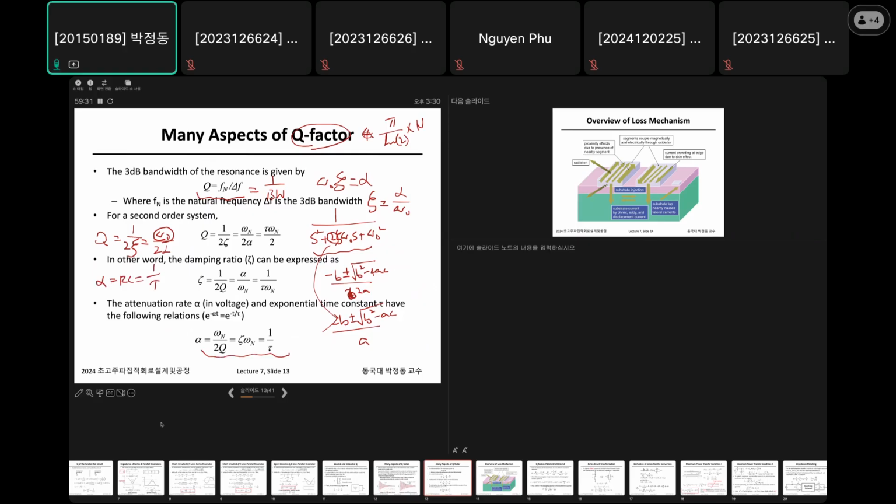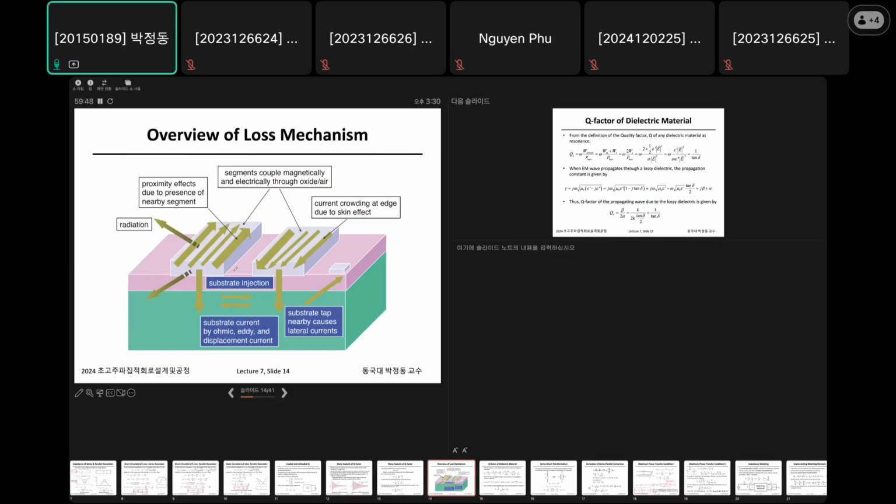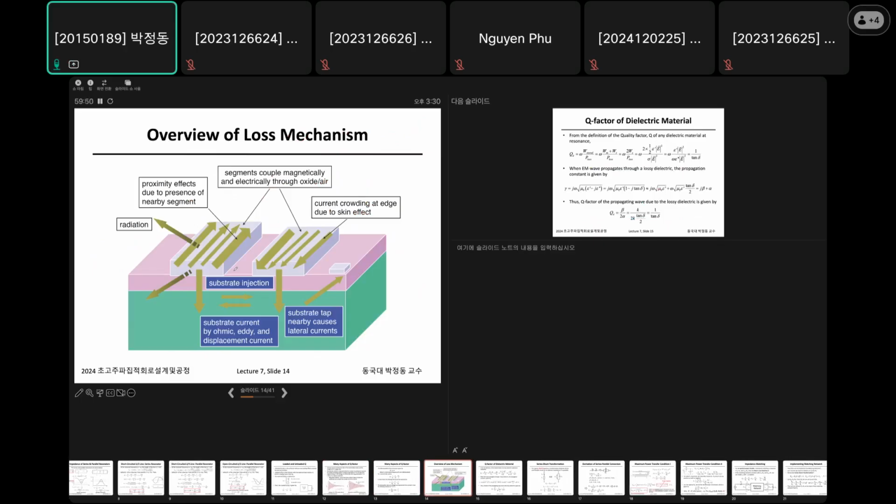This is actually a widely used definition for the second order system. Basically, whenever we talk about quality factor Q, we are talking about loss.